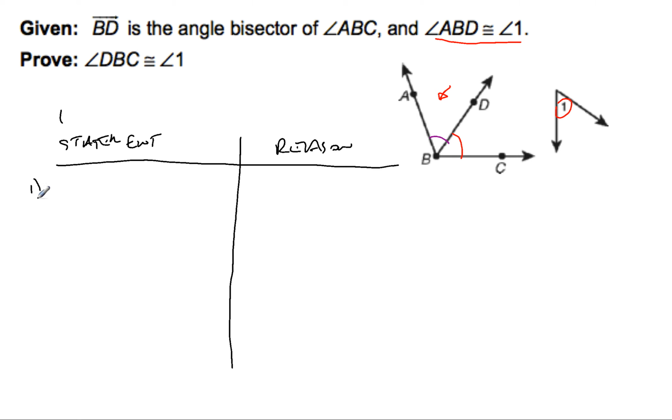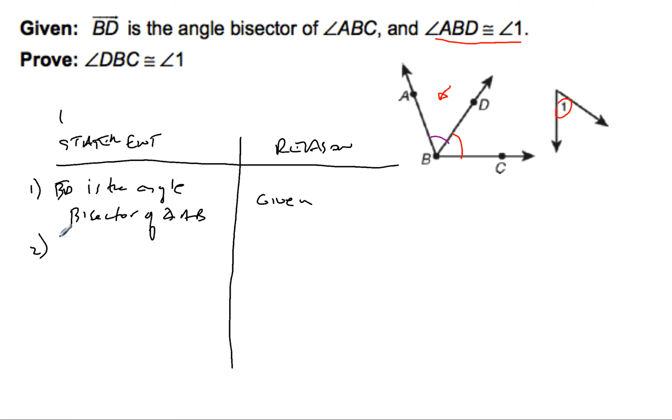So statement number one is that line segment BD is the angle bisector of angle ABC. And the reason for that is, as you guessed, it is given. So I write given. Everything that is given has to be written down.